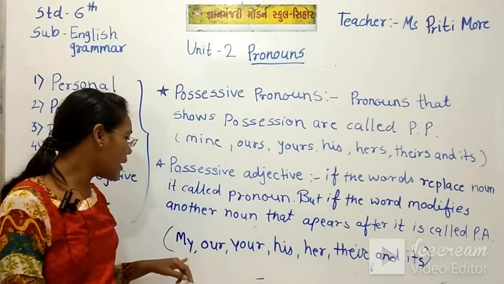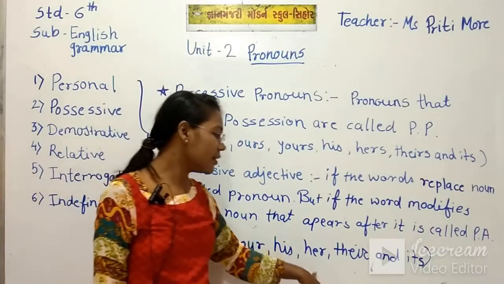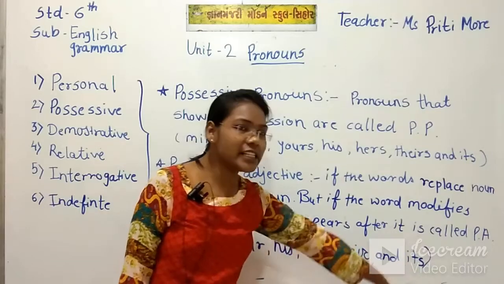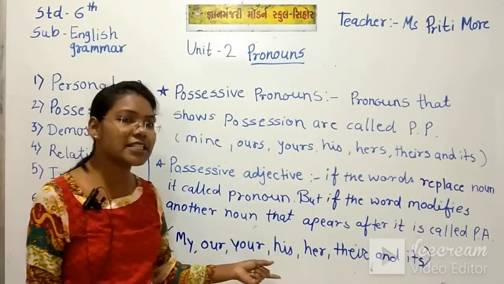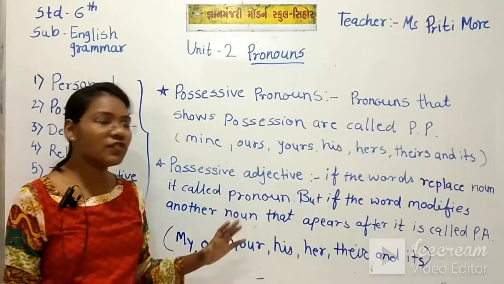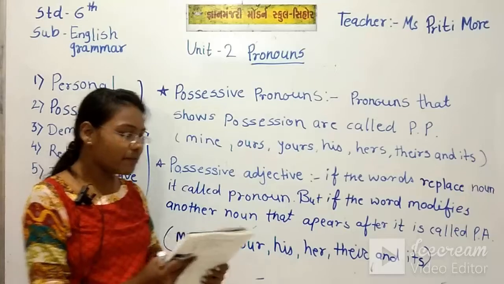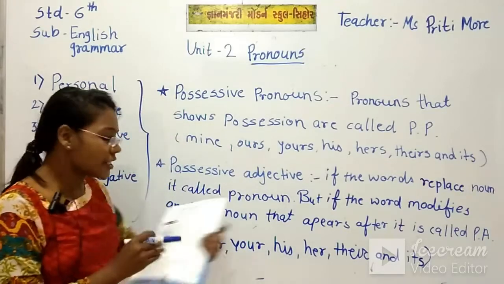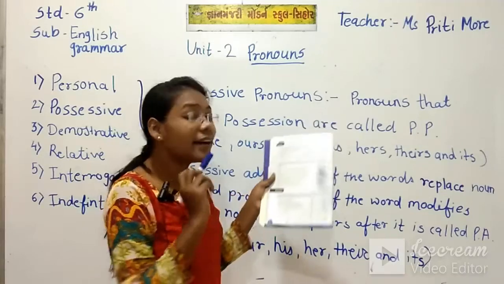The words like this: my, ours, yours, his, her, theirs and its. These words tell us the given word is a possessive adjective. Now you have to identify some exercises given there where the word is underlined.